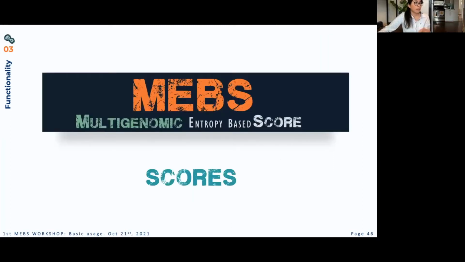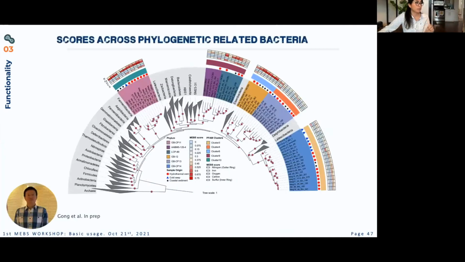The other thing, and I'm going to give you real life examples of the scores. For example, here our postdoc Dr. Gong is analyzing novel bacteria from different environments around the world: hydrothermal vents, cold seeps, and coastal sediments. And we don't know anything about these bacteria, but just by mapping the scores across them, we can see which ones can be enriched in, for example, the iron cycle.